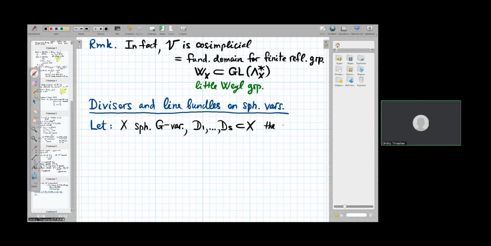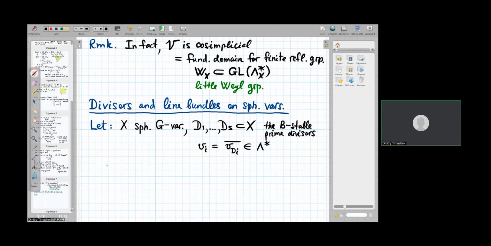I do not distinguish between them now. And let v_i denote the corresponding vectors in the dual weight lattice. So v_i is v_{D_i} bar in our notation. The vectors in the dual of the weight lattice. Okay?